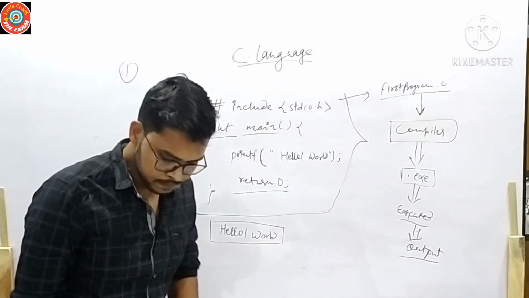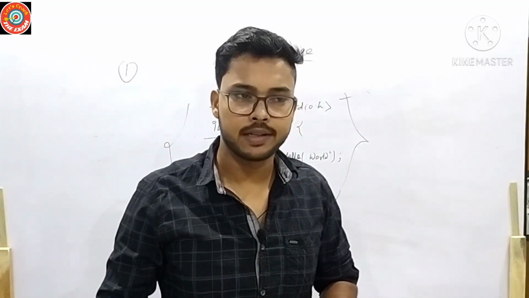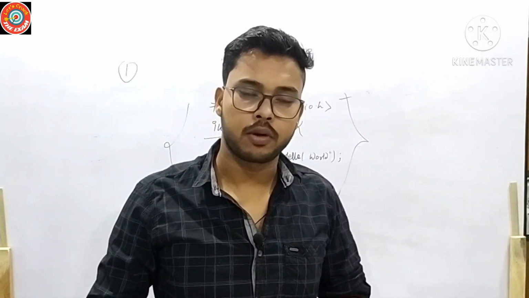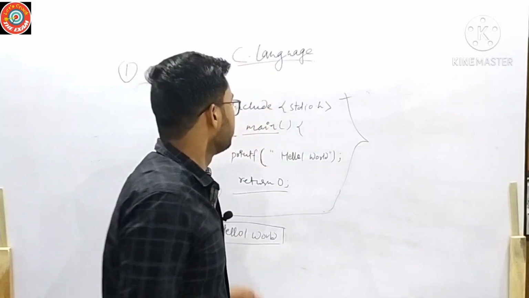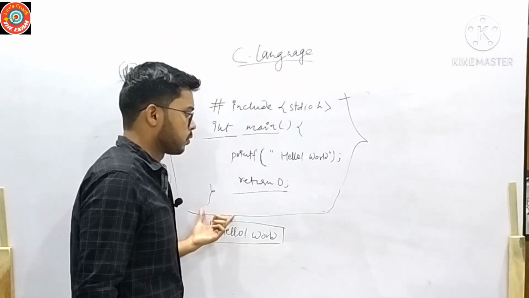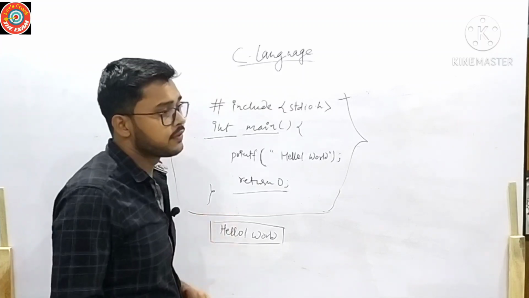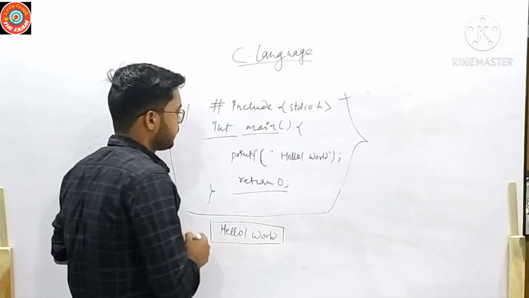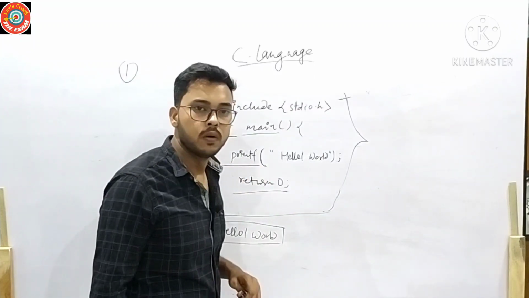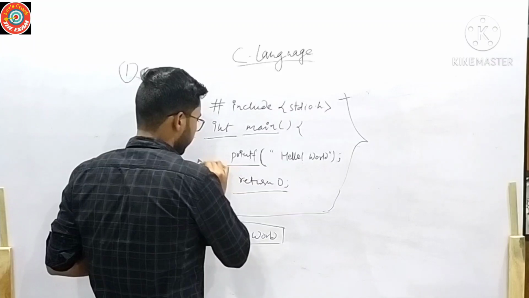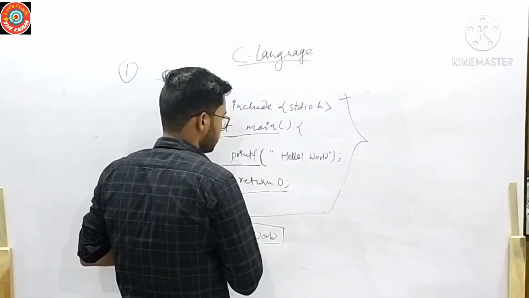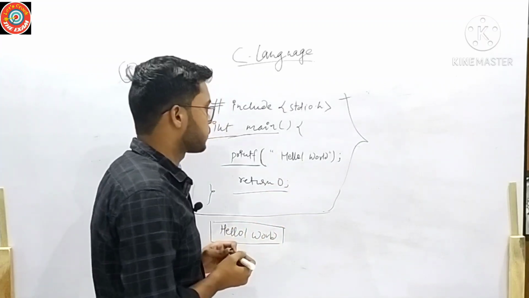Now we need to know about comments. Why do we use comments in our program? For example, we have written this program, and in the future we are reading it and we forget what printf is. So we will use a comment in this program.